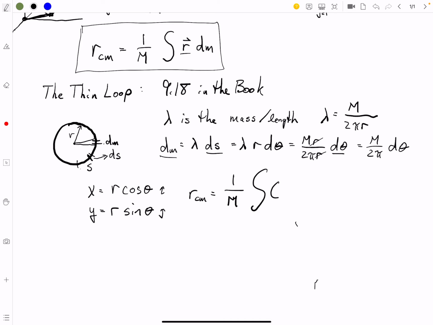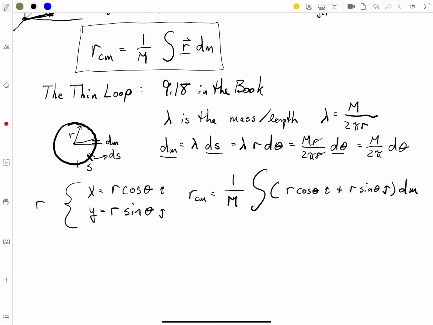So we're going to say r cosine theta i hat, plus r sine theta in the j hat direction. And we're going to put a little dm on there. Okay, so that's our first step. We have taken r and we've busted it up into the x and y's.